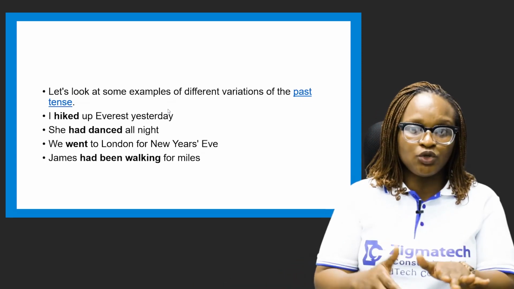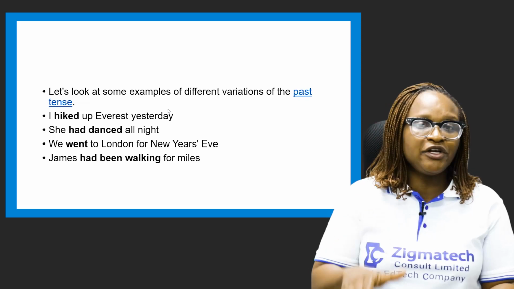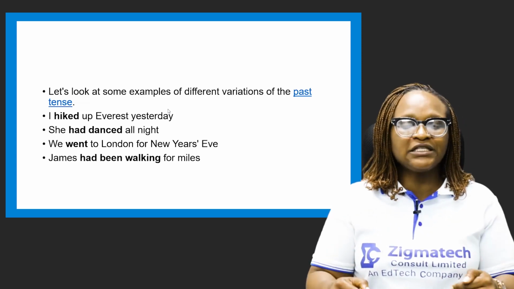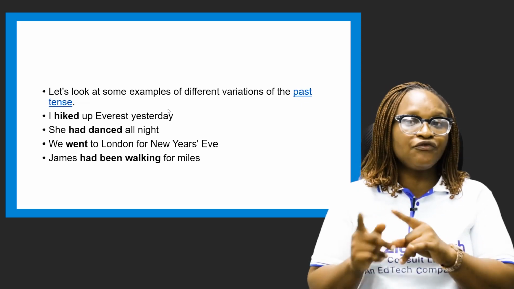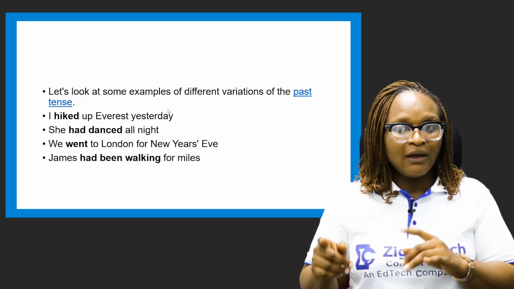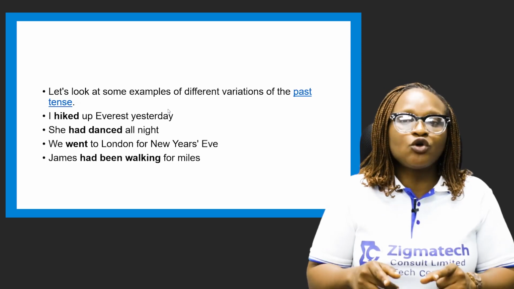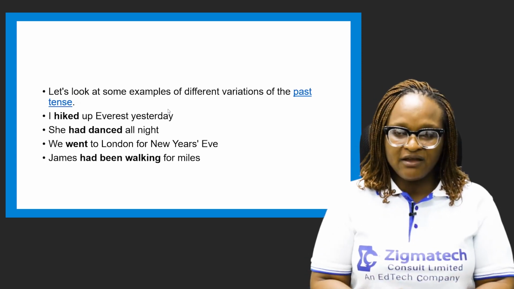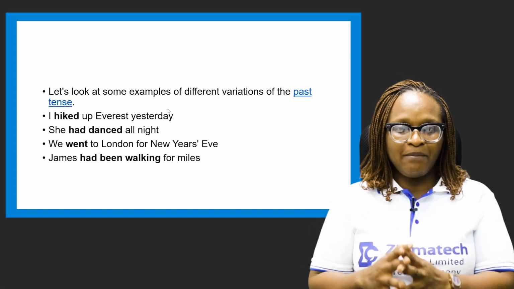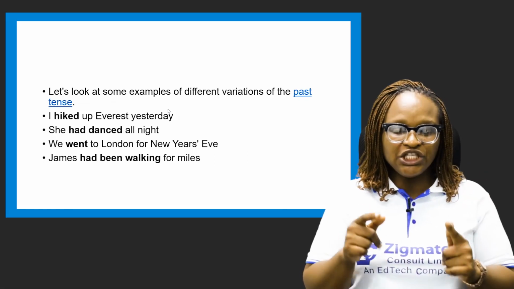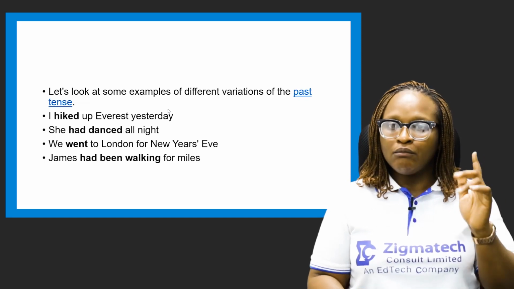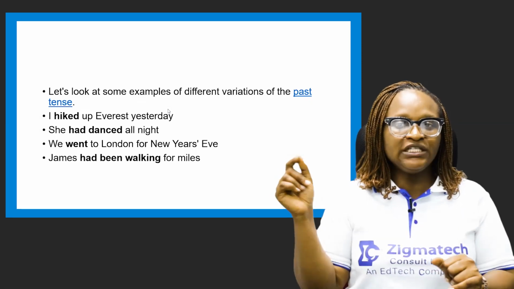We have different variations of past tense, and from these variations of past tense, that's where we'll get our aspects. From these different variations, we'll have our aspects. So I hiked up Everest yesterday. That's a variation of the past, adding the ed. Remember the inflection ed to the word hike, but in this case, we added only d.